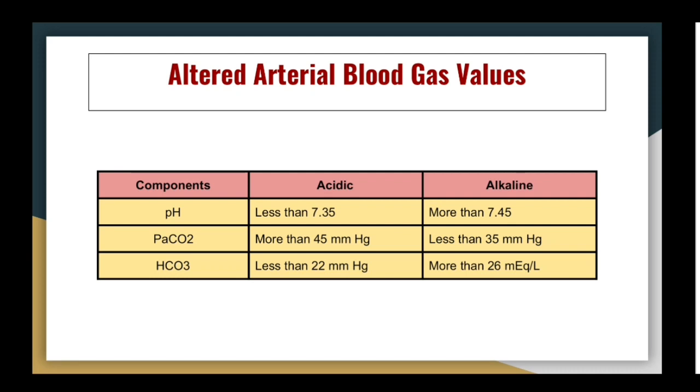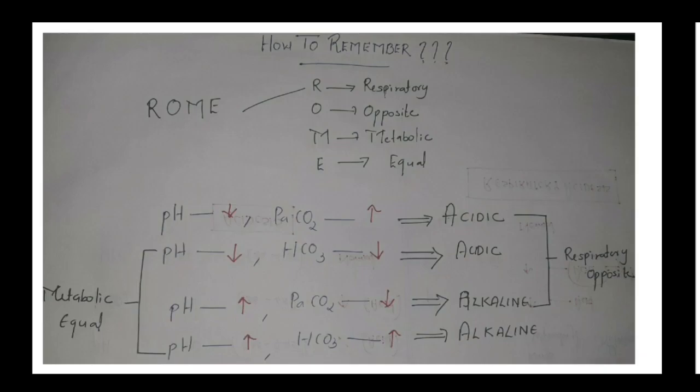For PCO2, if it is more than 45, it is acidic, and less than 35, it is alkaline. Third, for bicarbonate, if it is less than 22, it is acidic, and if it is more than 26, it is alkaline. This we have to remember, and there is a small tip to recall it.